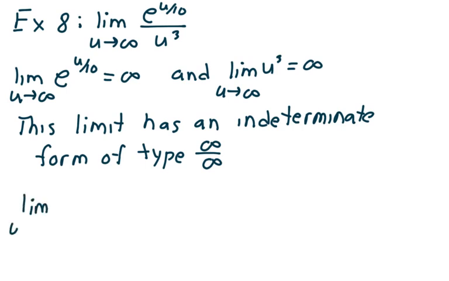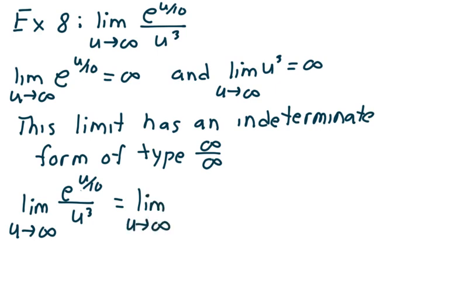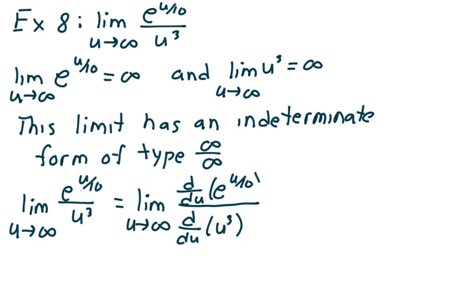So I'm going to take a look at the limit as u goes to infinity of e to the u over 10, divided by u cubed. Now we're going to take the derivative of the bottom, which is u cubed, and then the derivative of the numerator, which is the derivative of e to the u over 10. And we take the limit of that as u goes to infinity.